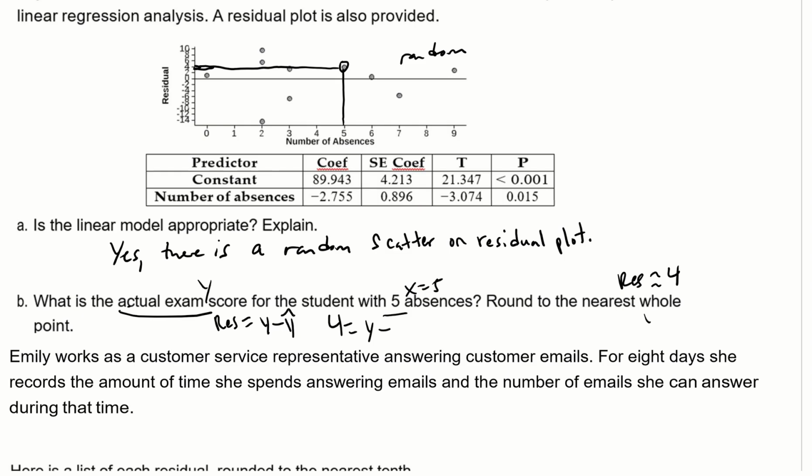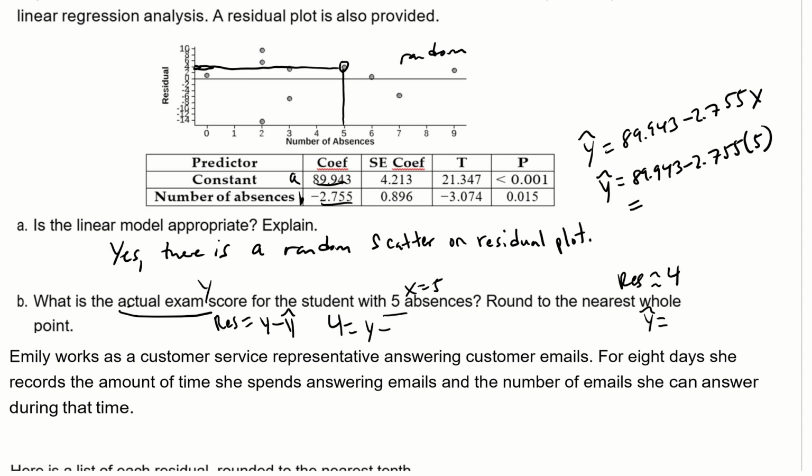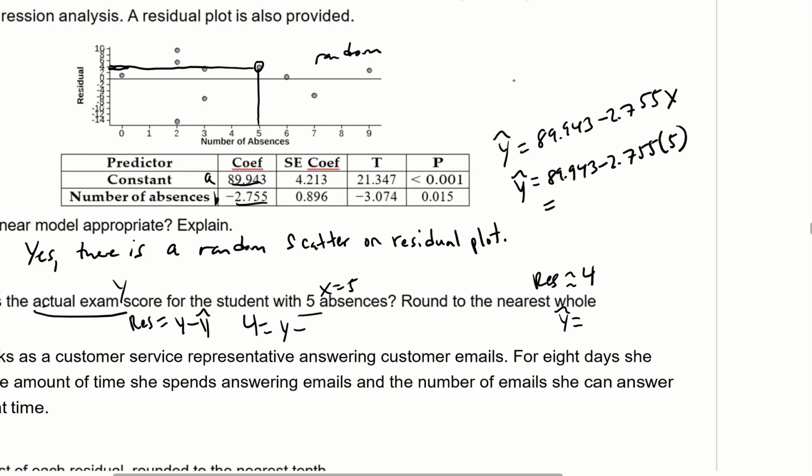Now, how do we get y hat? Well, we know the equation of the regression line, based on this a and b. So we can plug in 5 into that. 89.943 minus 2.755 times 5, so we get approximately 76.